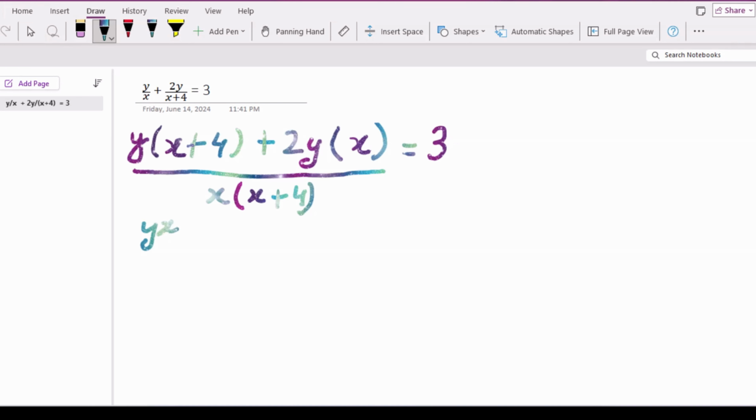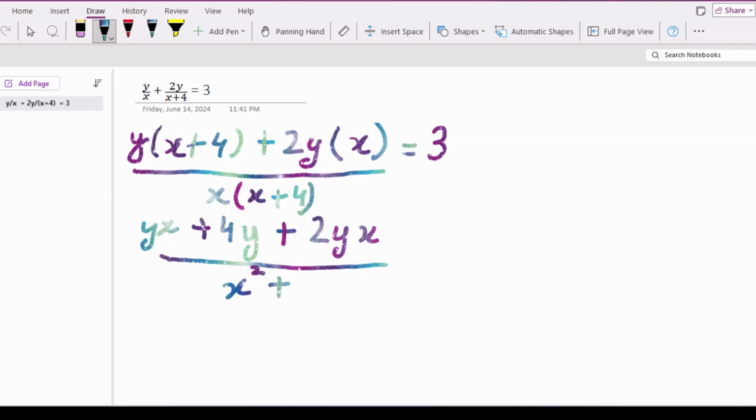It will become yx plus 4y plus 2yx, and in the denominator we can also multiply it. We can distribute the x inside the parentheses, so it will become x squared plus 4x, and here we just have the 3.